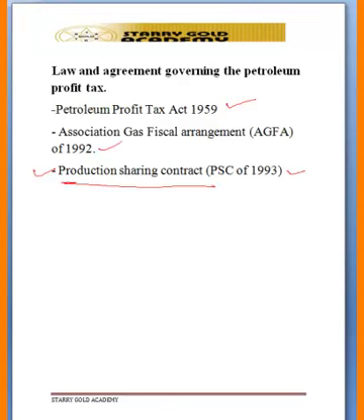The contractor is allowed to market the portion of the production allocated to cost oil and its share of profit oil, bought at the price fixed by the NNPC. So the contractor is allowed to market, but at a price fixed by the NNPC. That is what we need to know about the production sharing contract.